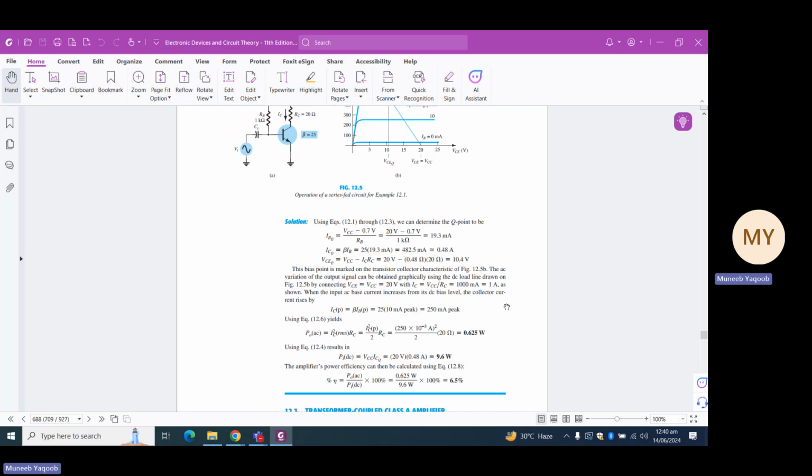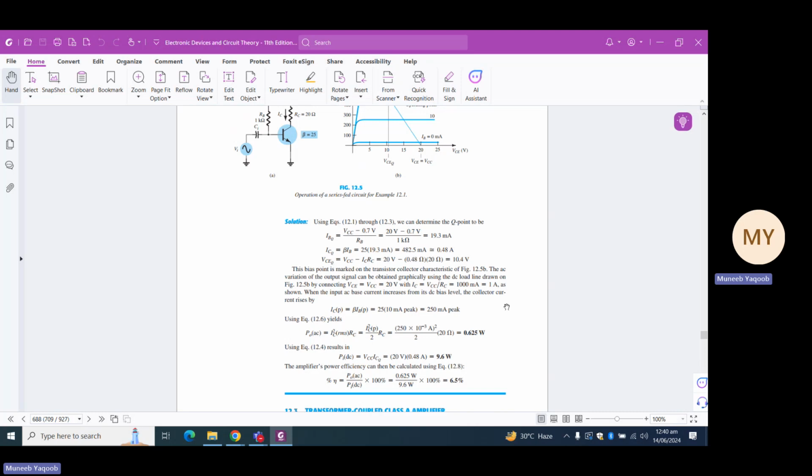Because we keep the output available for the entire duty cycle, and due to this entire 360-degree output voltage, the output power becomes smaller as compared to the input DC power, and hence the efficiency is reduced.